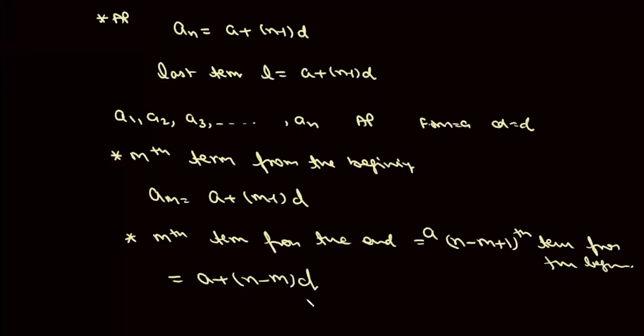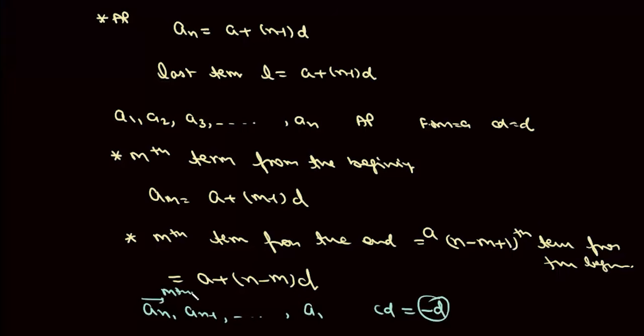Another way to solve this question could be to reverse this series. So we can write this as a_n, a_(n-1), down to a_1. Now in this case, since we have reversed it, its common difference will be minus d. Then we have to find the mth term of this series from the beginning.